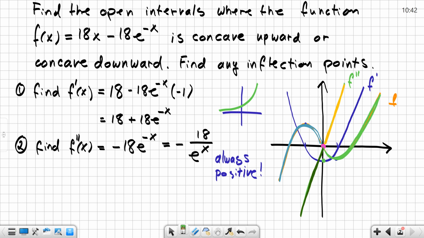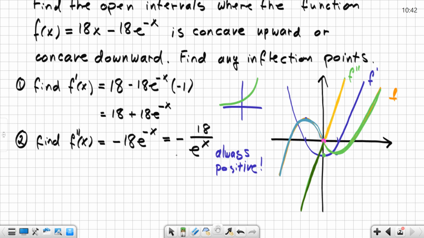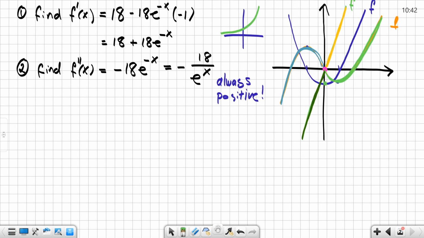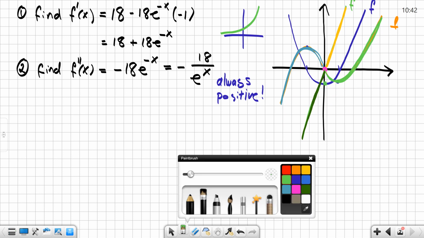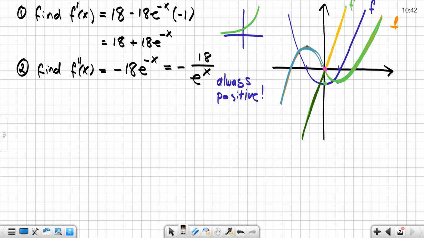And as a consequence, all I need to find out is now, what kind of a concavity do we have? I will plug in one value into my second derivative to find out whether it's positive or negative.